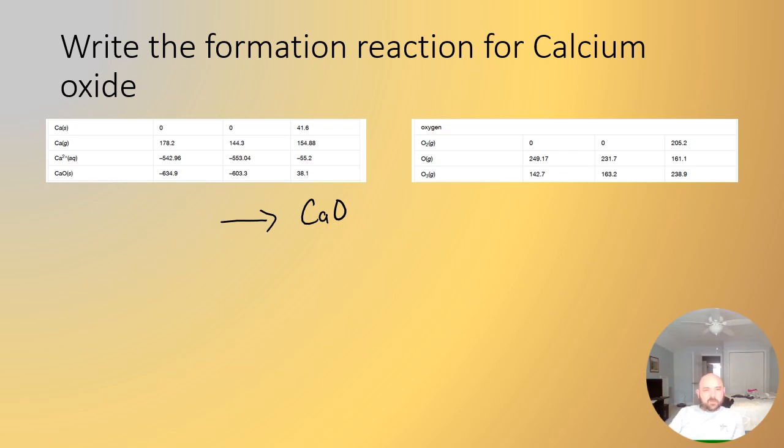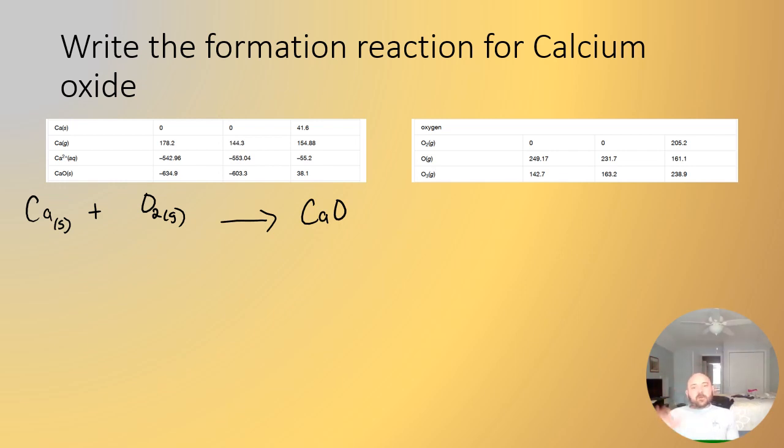The one with the zeros in the thermochemical data is always the standard state. So calcium solid is the standard state of calcium. So I could say Ca solid is one reactant. And the standard state of oxygen is O2 gas. So if I'm writing a formation reaction, I can't just put oxygen down. I have to put O2 gas down.